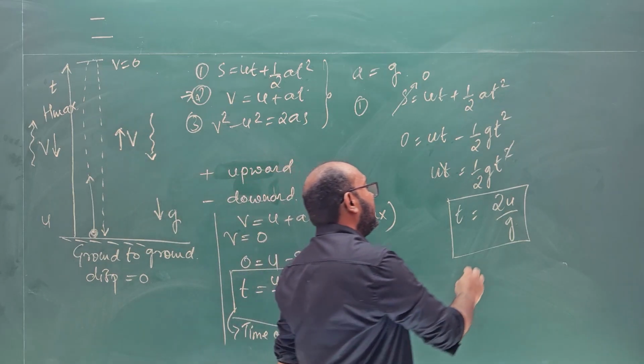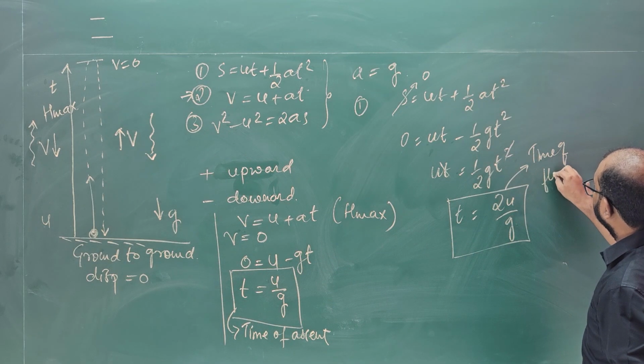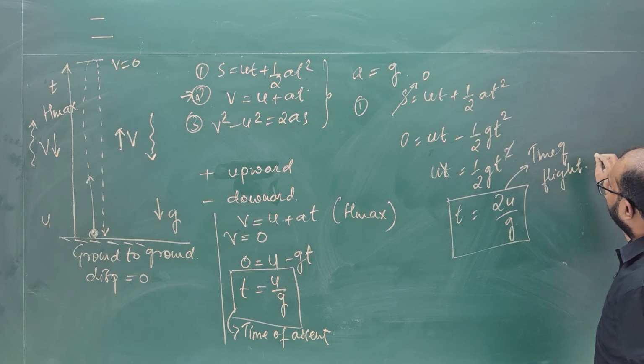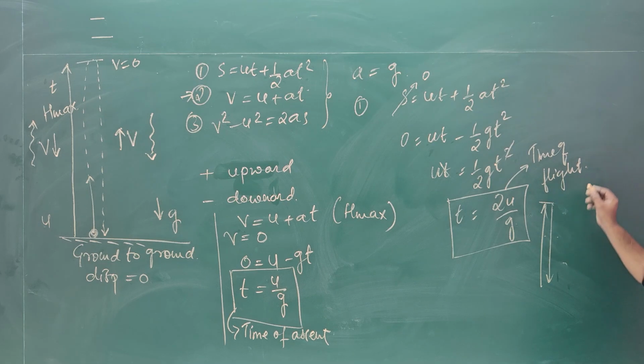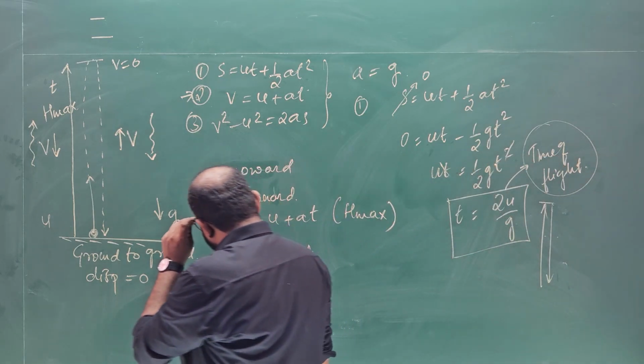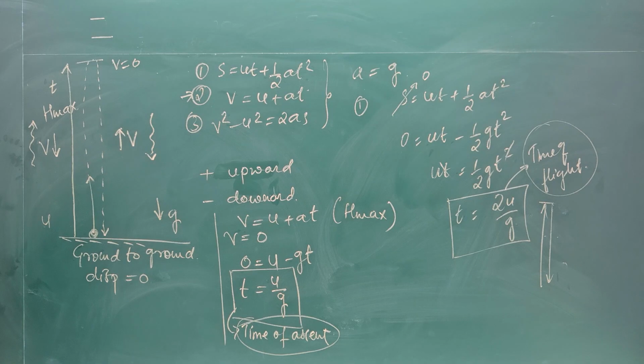And this is called the time of flight. Here we have calculated the time period for the object going from ground to h max, then from h max to the ground. This is the total time period. Then it is called the time of flight, and when it is going from ground to h max, then it is called the time of ascent.